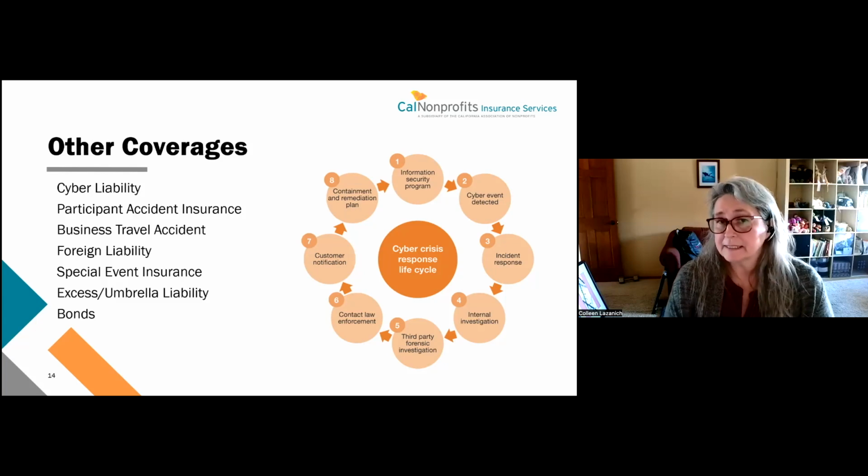Cyber liability policies can be crafted specific to your organization. But if you have any PII or PHI, or you accept credit cards for donations or banking information, you probably need a cyber liability policy.